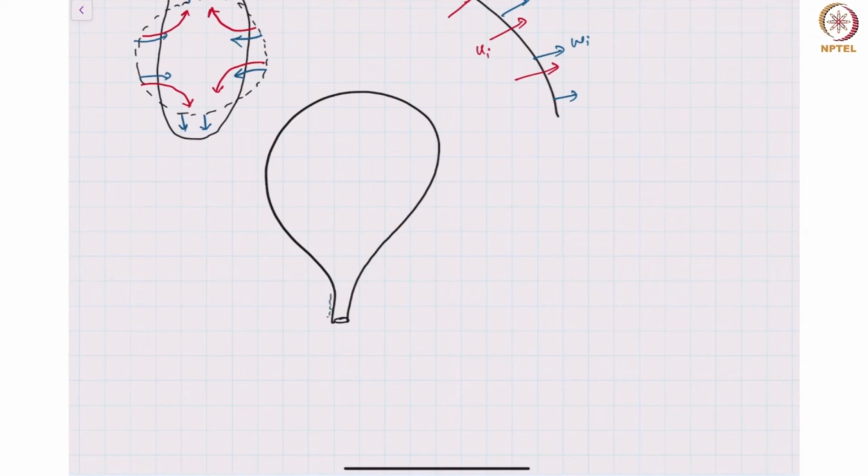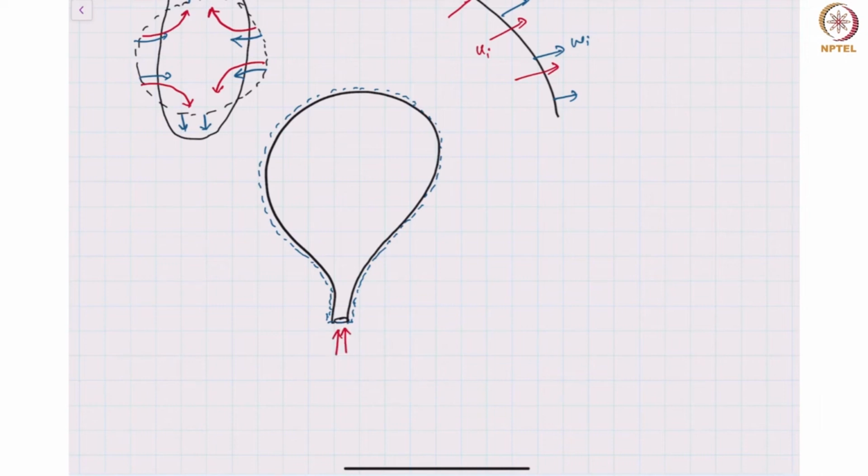The arbitrary region is basically a control volume which is enclosing this balloon.